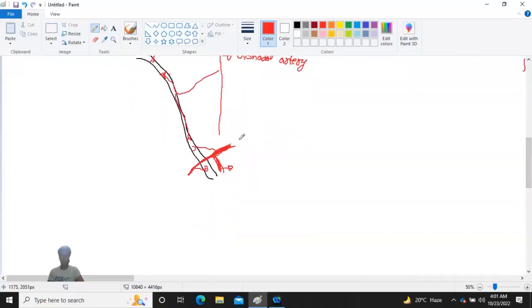This is common iliac artery. External iliac. This is internal iliac.